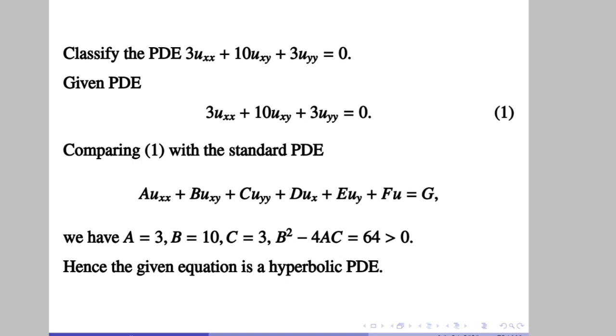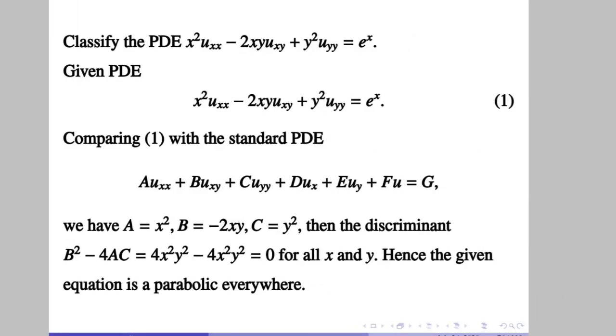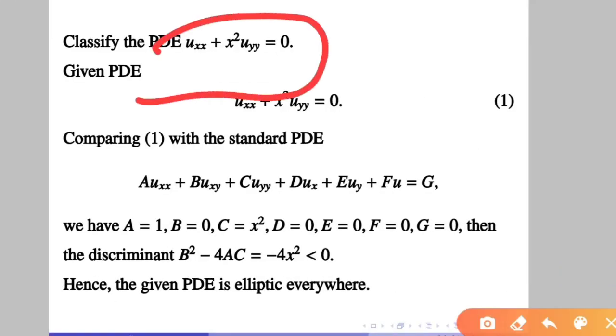So we are classifying these. a = 3, b = 10, c = 3, b square minus 4ac = 64, greater than 0, so it is hyperbolic. The next equation, we are getting this equal to 0, so it is a parabolic equation. For the next equation, we have minus 4x square. X square is always positive, so with the minus sign it is always less than 0, so it is elliptic everywhere.